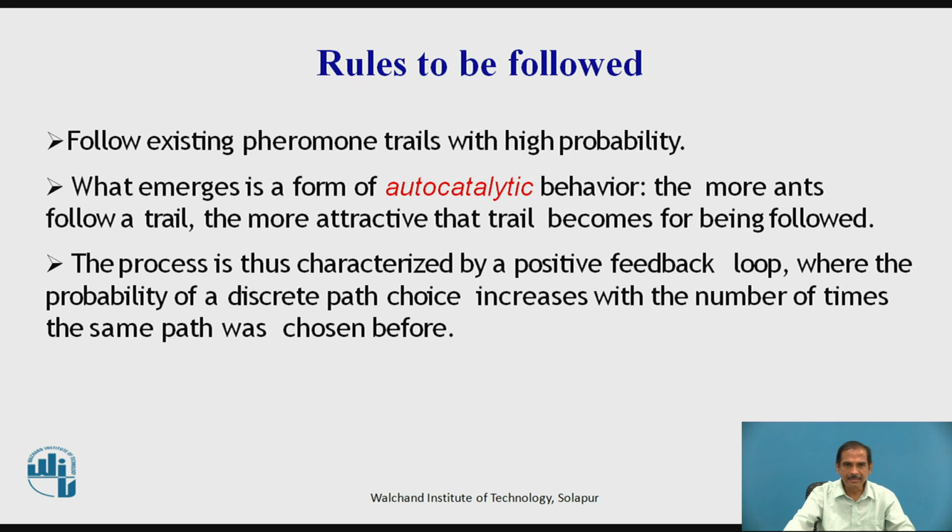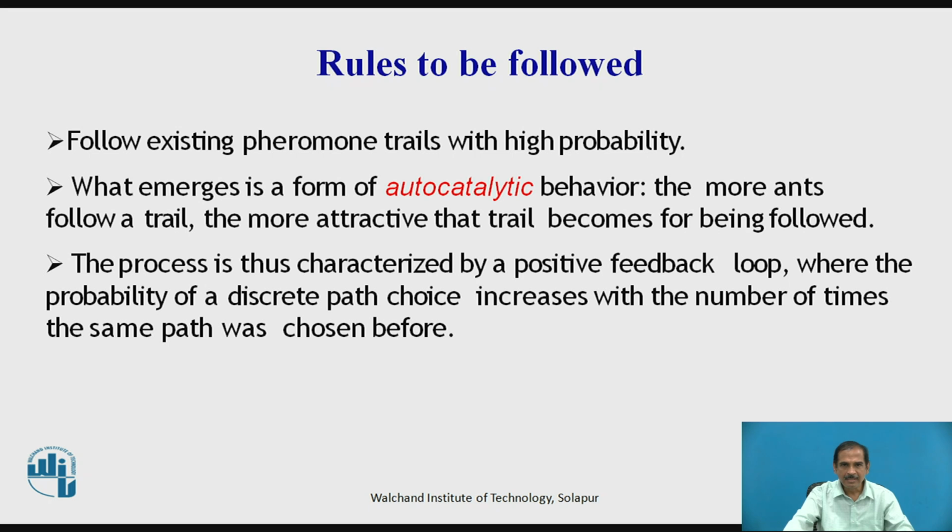The more ants follow a trail, the more attractive the trail becomes for being followed. The process is thus characterized by a positive feedback loop, where the probability of a discrete path choice increases with the number of times the same path was chosen before.